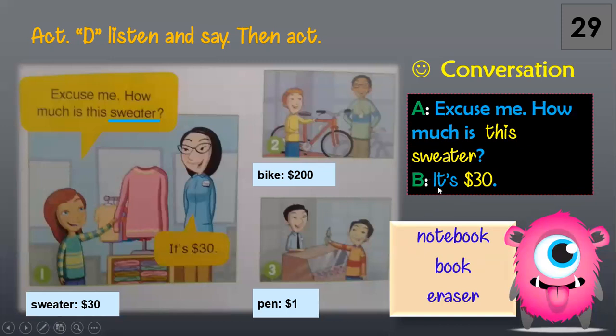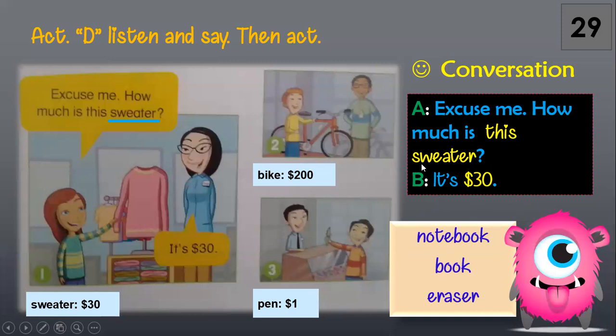And look here, the answer is it. Why do we use it? Well, it's because sweater is a singular noun. So if I want to know about two sweaters, the question will be, how much are these sweaters? They are $60, for example.